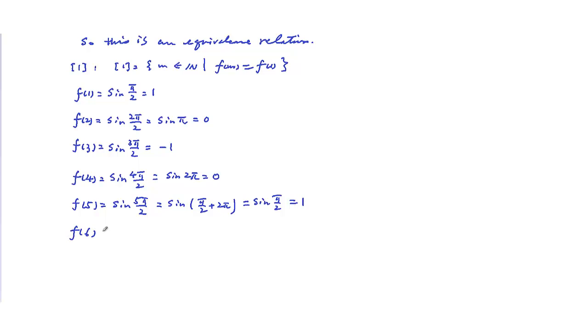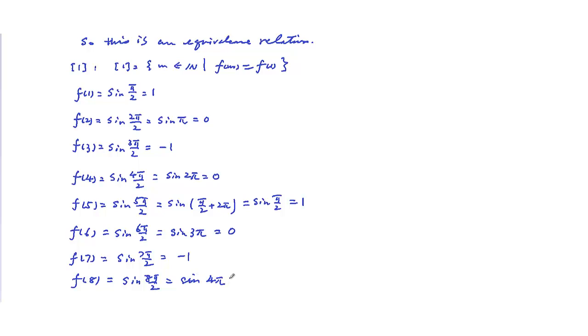Then f(6) is sin(6π/2), that becomes sin 3π, which is 0. f(7) will be sin(7π/2), and that will become -1. f(8) is sin(8π/2). 8 cancels with 2, you get sin 4π, that is 0.